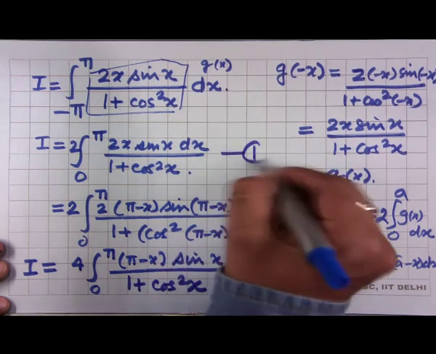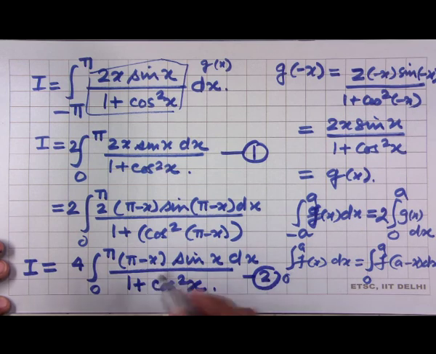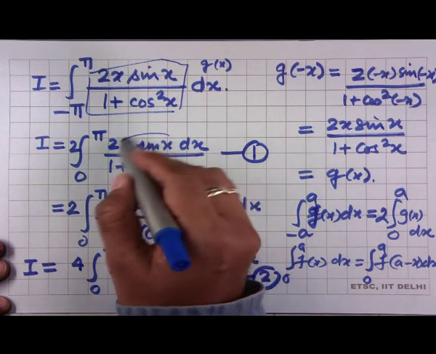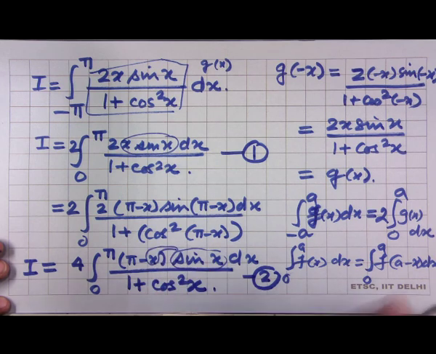Now if this is 1 and this is 2, by adding 1 and 2 you will see that this term will be cancelled.